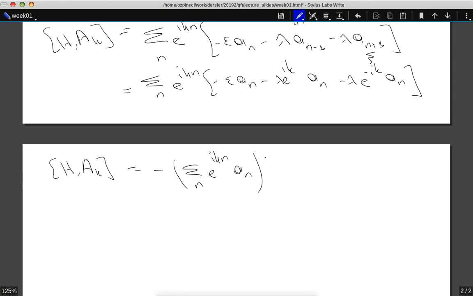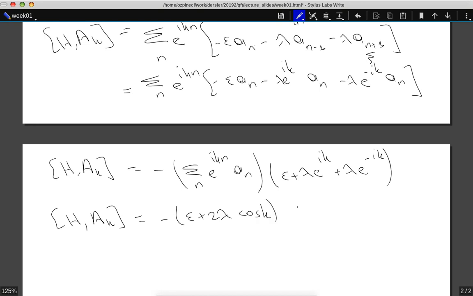So I have epsilon plus lambda e to the power ik plus lambda e to the power minus ik. Or h commutator with ak is actually equal to minus epsilon plus 2 lambda cosine k times ak.